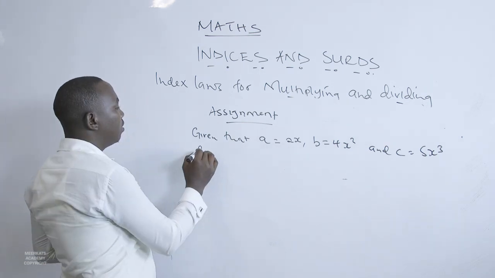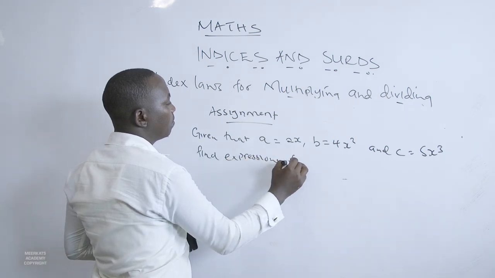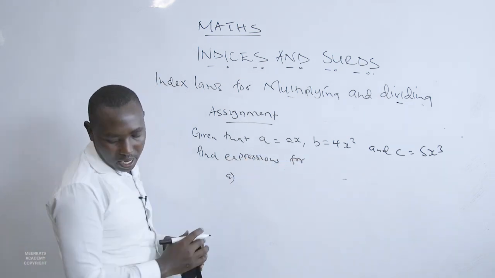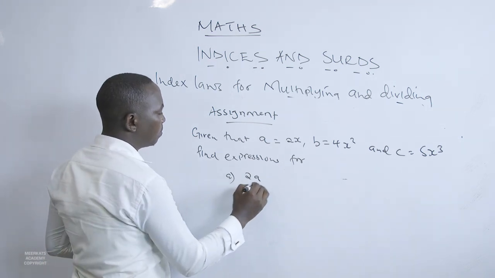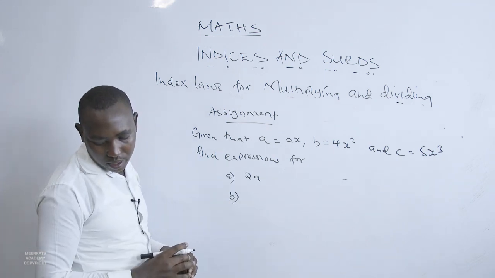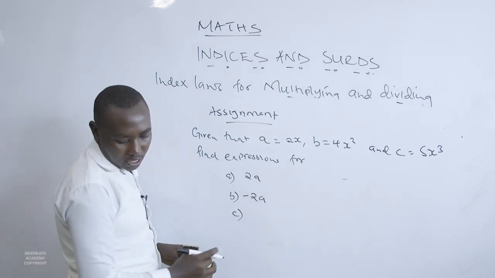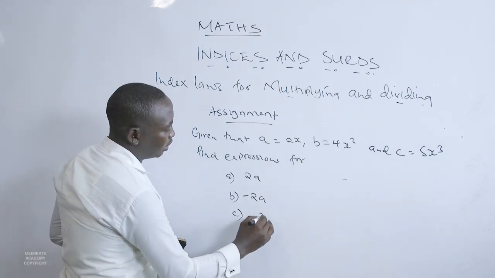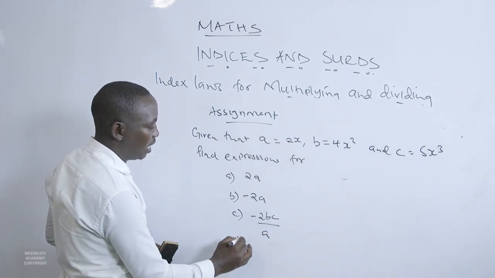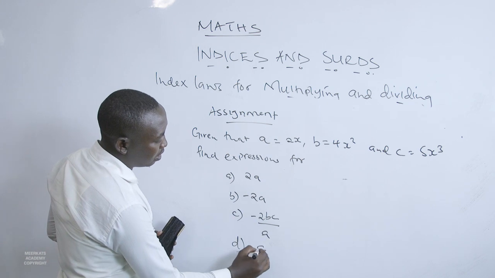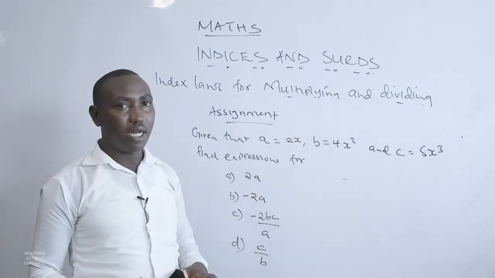Find expressions for: one, 2ab; two, negative 2ac; three, negative 2bc all over a; then finally, c over b. So you can try working out this.